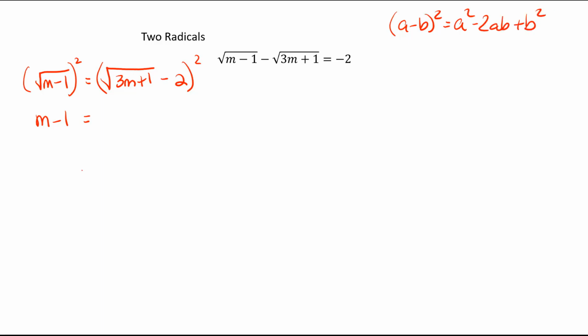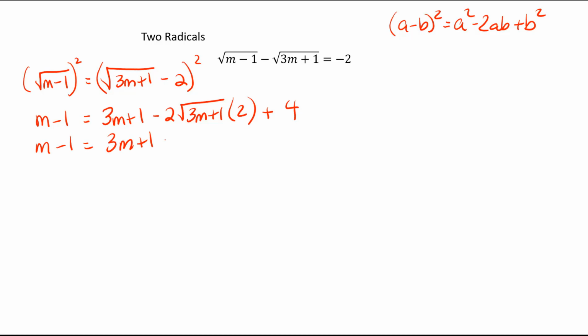So I'm going to square this binomial on the left. So the first thing squared is 3m plus 1, then minus 2ab plus b squared, which is 4. So m minus 1 equals 3m plus 1 minus 4 times the square root of 3m plus 1 plus 4.